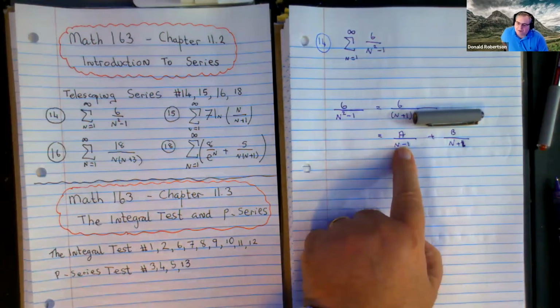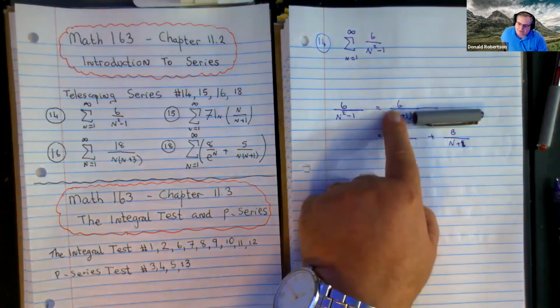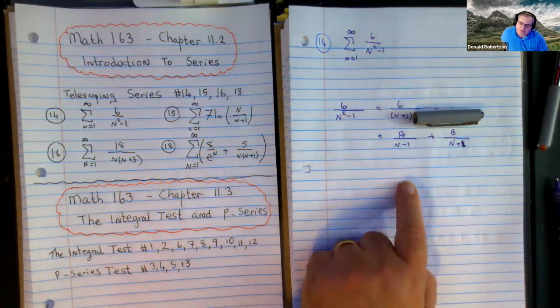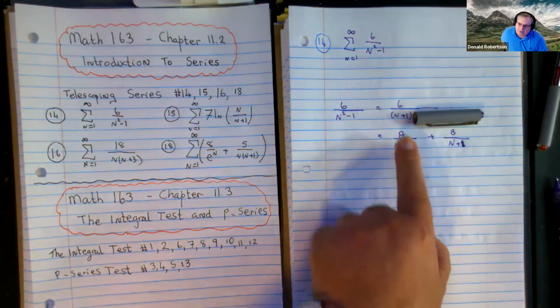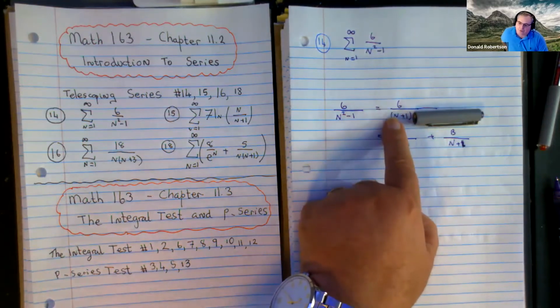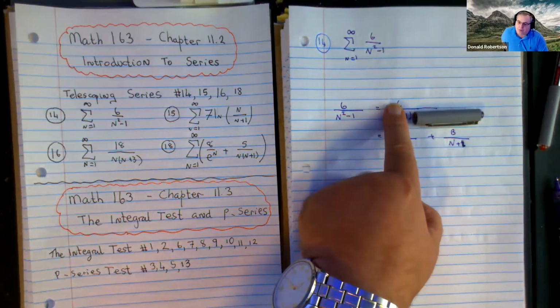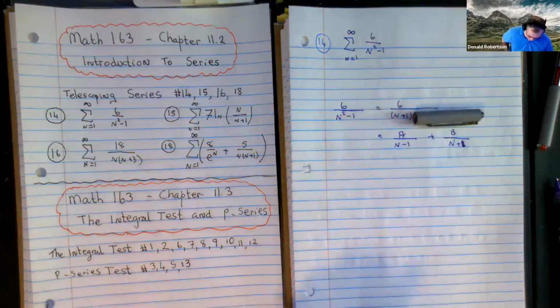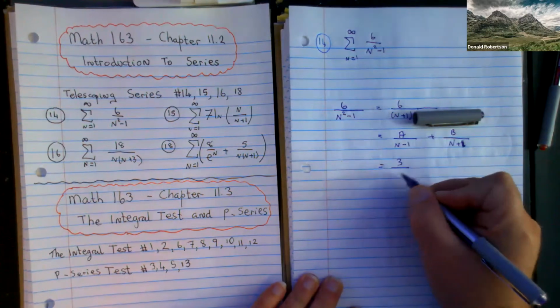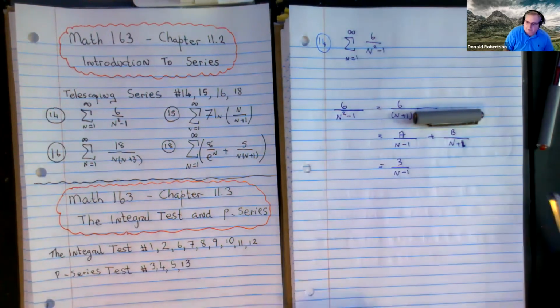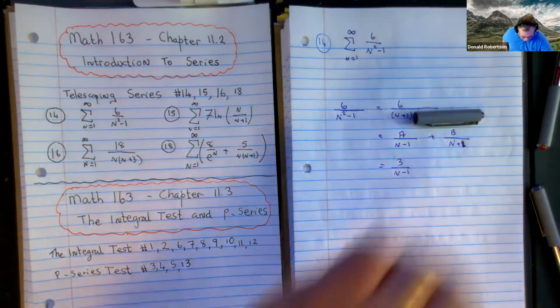You then plug into what's left, up here, the value of n that makes this 0, which is 1. If you plug in 6 over 1 plus 2, 1 plus 1, you get 2. 6 over 2, you get 3. We call that the cover-up method. It's kind of magic, but it works really well.